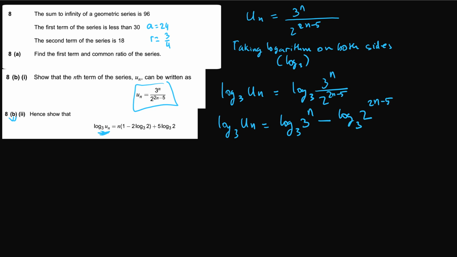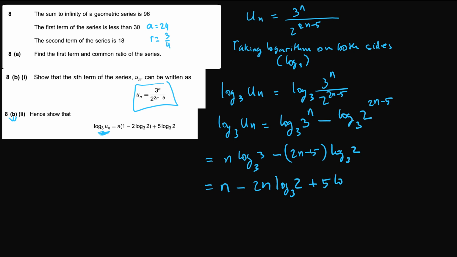So then I can rewrite this as equal to n log 3 of 3 minus 2n minus 5 log to the base 3 of 2. So log to the base 3 of 3 is 1. So that is equal to n minus 2n log to the base 3 of 2. Minus and minus make a plus, 5 log to the base 3 of 2.